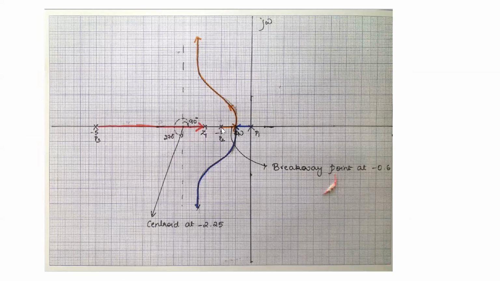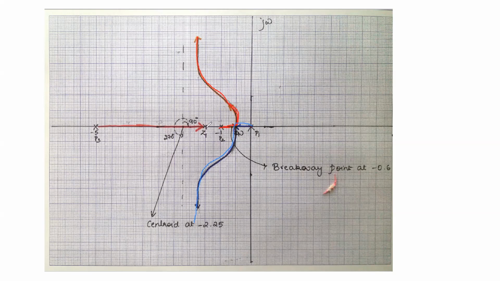Now directly looking at this root locus, you have 0, minus 1, and this is 1.5. The root locus starts from this pole and ends at this 0. One root locus starts from this pole, the other starts from this point, goes out at 90 degrees, and goes along the asymptote, whereas this one comes out like this, breaks away, and then follows the asymptote.